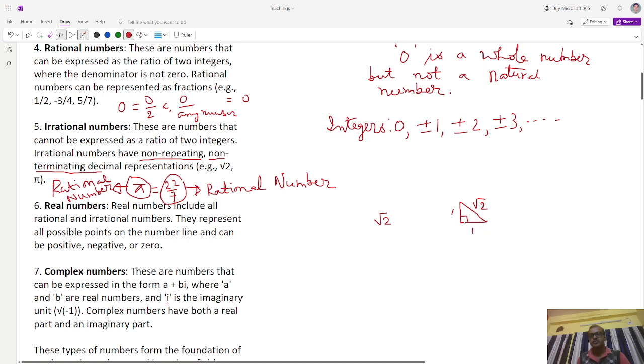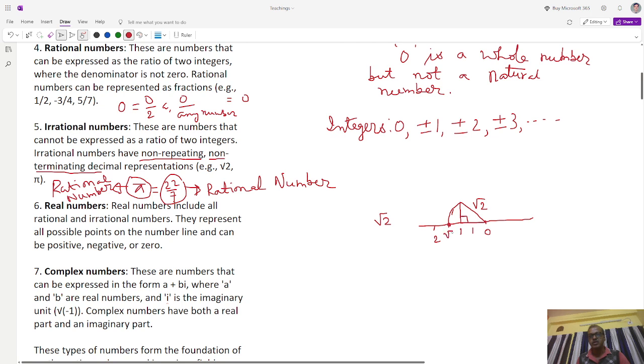So, if this is the number line, and it is 0, it is 1, it is 2, then if we take the line segment as a radius of a circle, we can draw an arc and we get this in between 1 and 2.